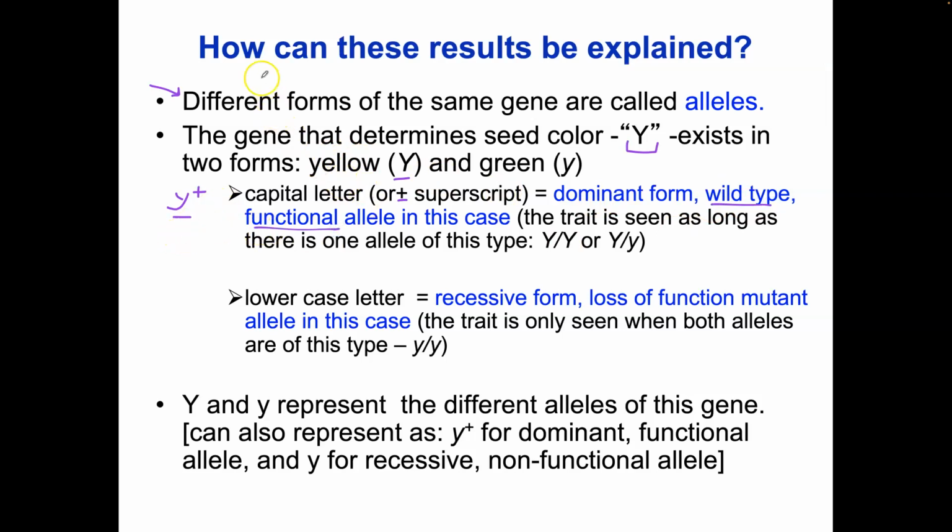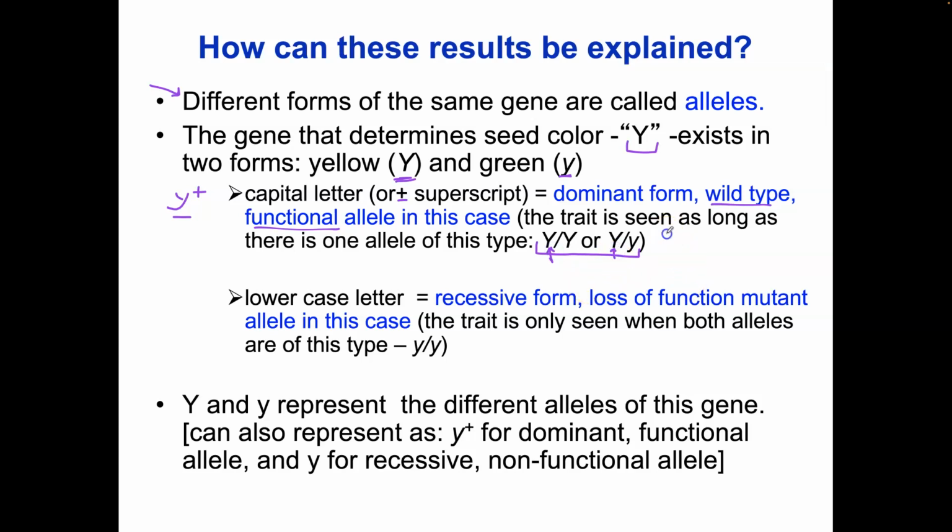So in heterozygous individuals, the F1, they had one copy of the dominant allele and one copy of the recessive allele. Okay, and when a trait is dominant, it doesn't matter if you're homozygous or heterozygous, as long as you have at least one of the alleles, you're going to have the phenotype, which in this case is yellow.